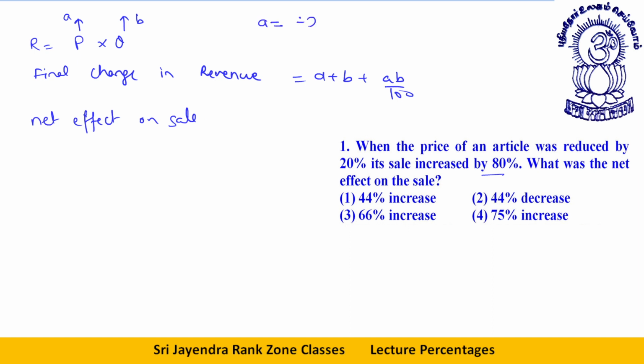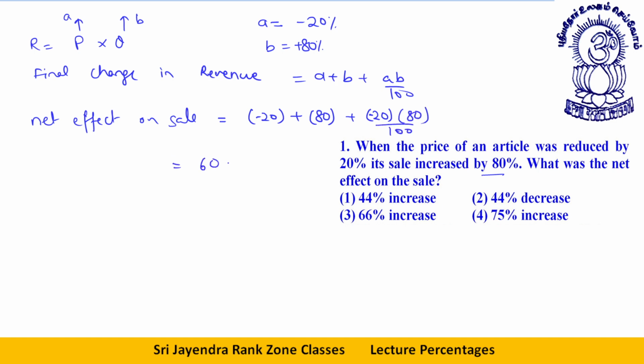A is minus 20. The sale increased by 80%. Okay, B is plus 80. So final net effect on sale will be A plus B plus AB by 100.